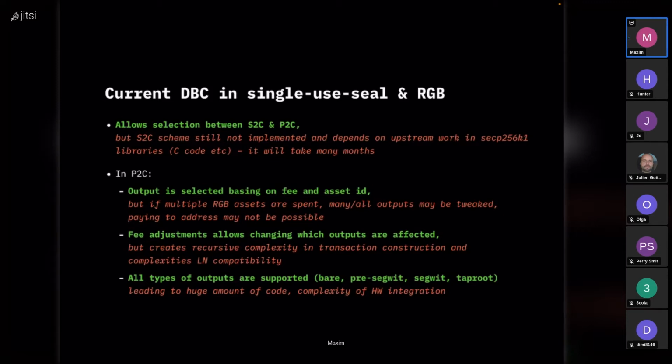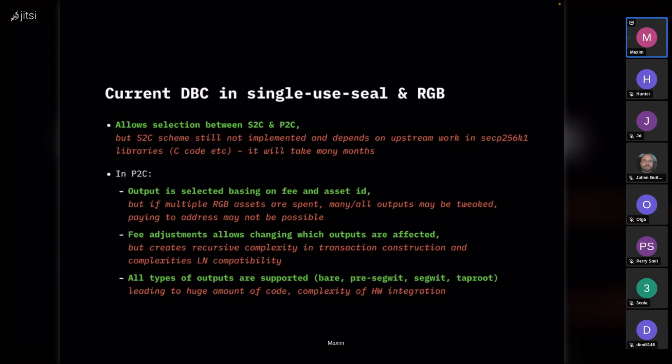And you wouldn't be able to pay to some address if you were provided an address to pay to. This address will be changed, and you will have to increase the number of outputs, hoping to separate all these commitments under different RGB contracts.